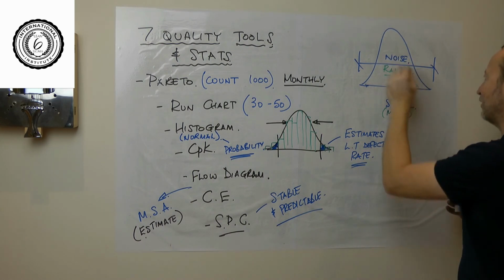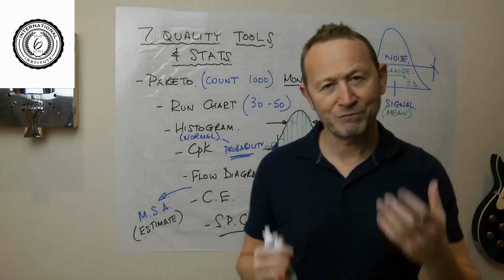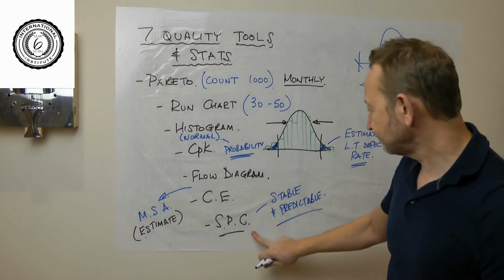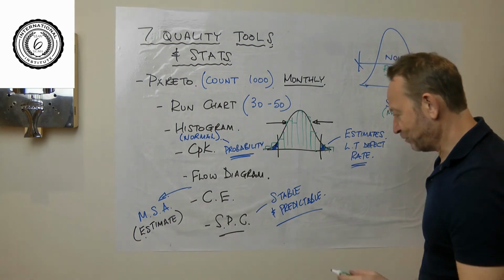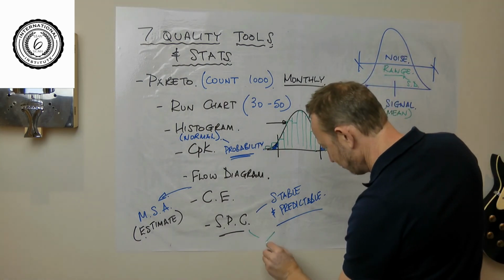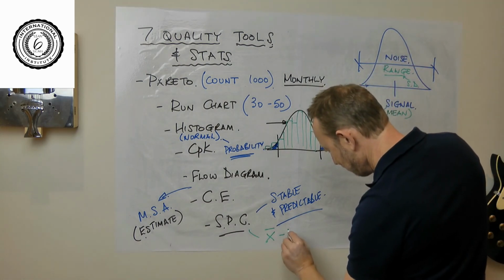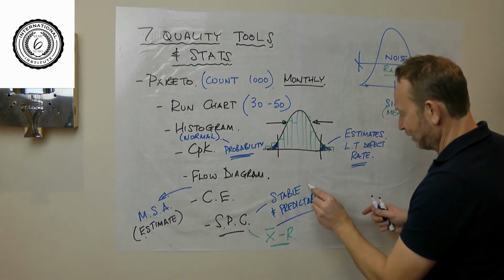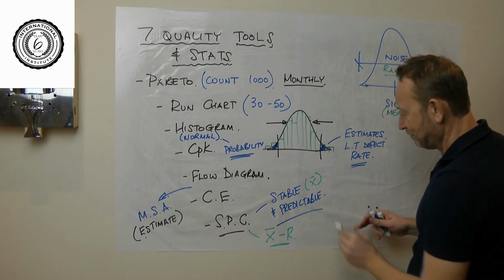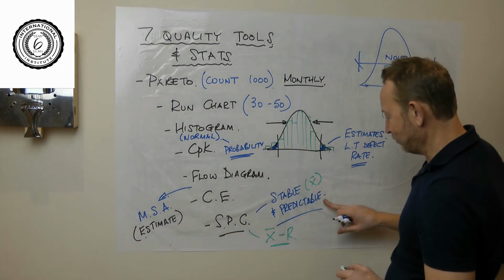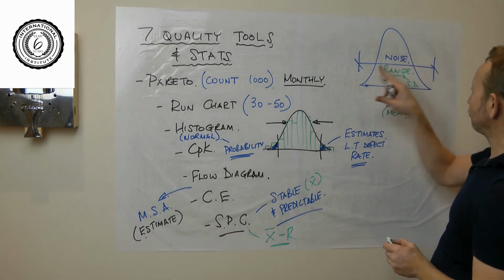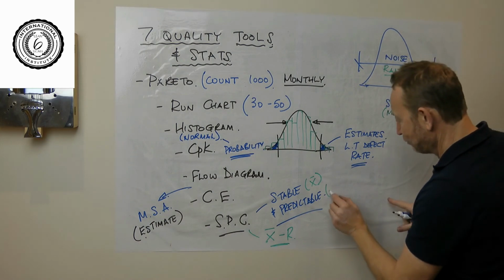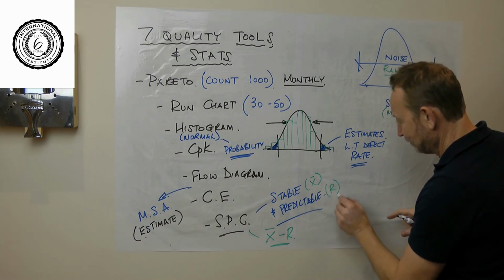So standard deviation and range are both measures of noise. Because if we do an SPC chart, we are often doing an X bar R chart. This is stable. The X bar is checking that the mean doesn't move. The range chart is checking that the noise doesn't move.